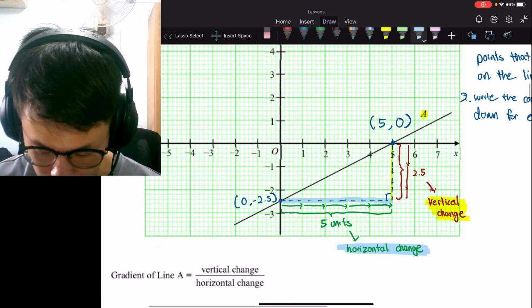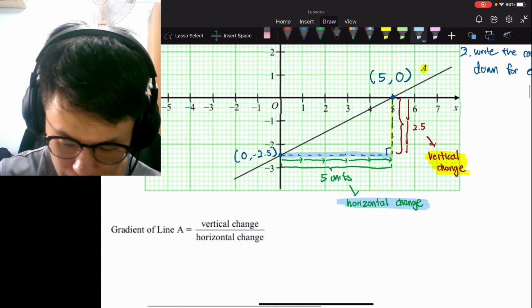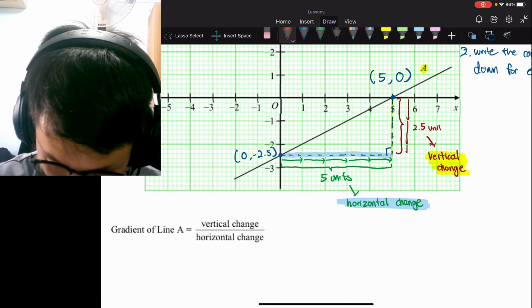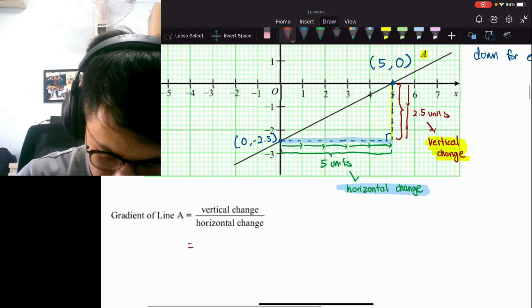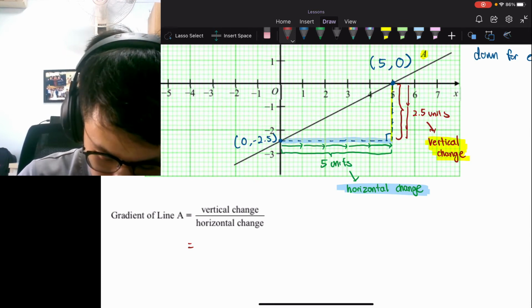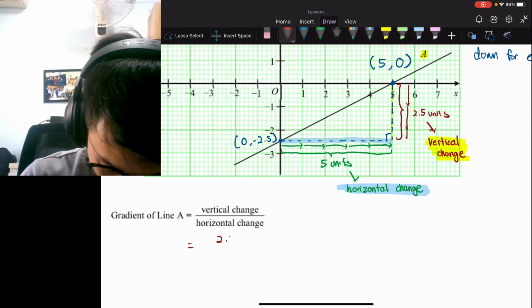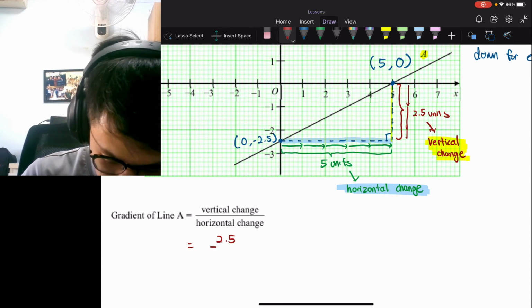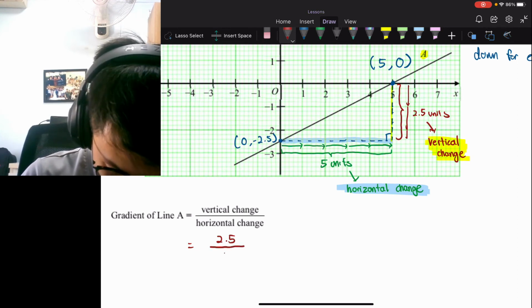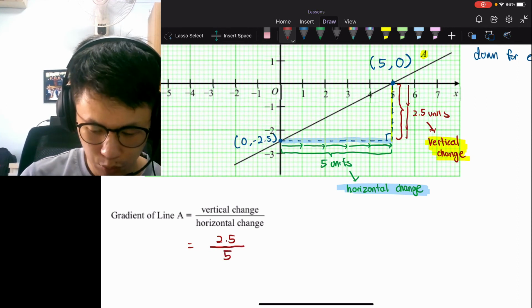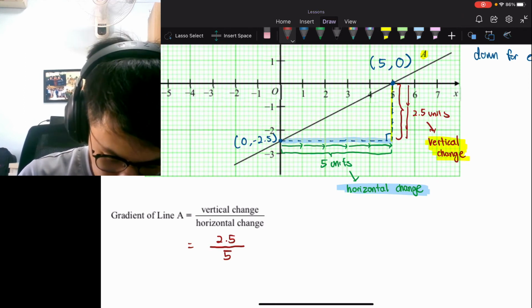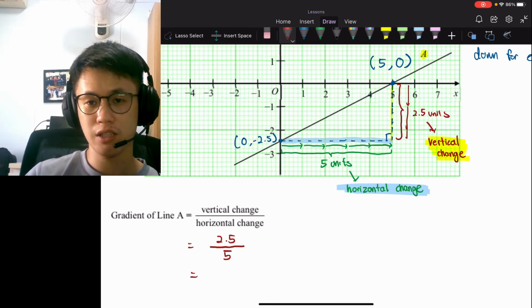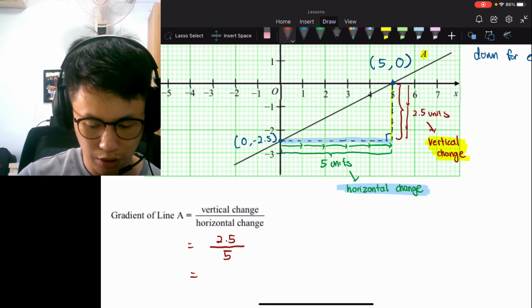Now my vertical change, so I have to write units here. My gradient of the line is simply the vertical change 2.5 divided by, or put as a fraction, over 5. Whatever you copy there, the units you don't have to put yet. So this is equal to, you use your calculator, you should get half.